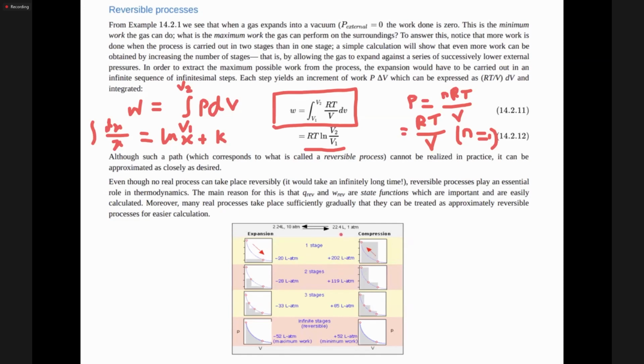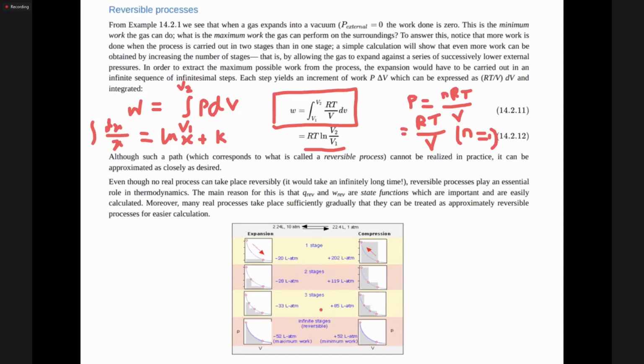For the first step, it was at 20 liter-atmosphere, and now it is going to 202 liter-atmosphere. In the second step, it is 28 liter-atmosphere, and now it is coming to a 190 liter-atmosphere state.